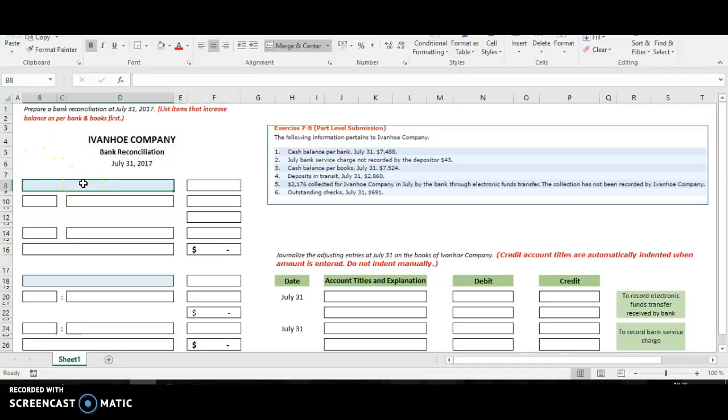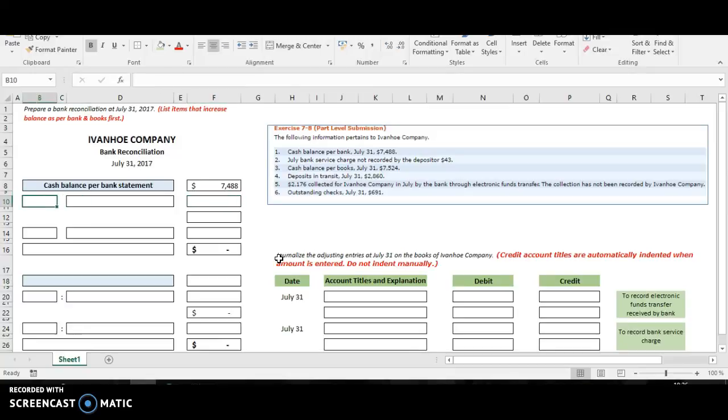In a bank reconciliation, we are going to have to keep in mind two important parts. The first one is that we're going to record the items per bank, and the second one is to record the items per books. So the first one, we're going to put it here. It's going to be cash balance per bank statement, which, according to this information, is $7,488.